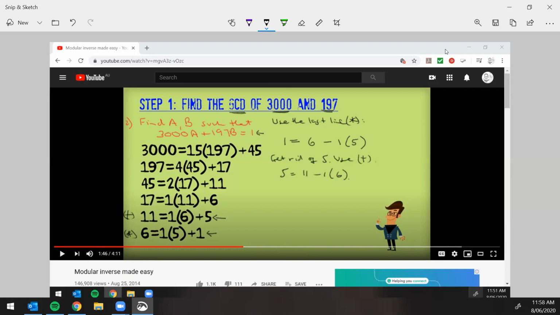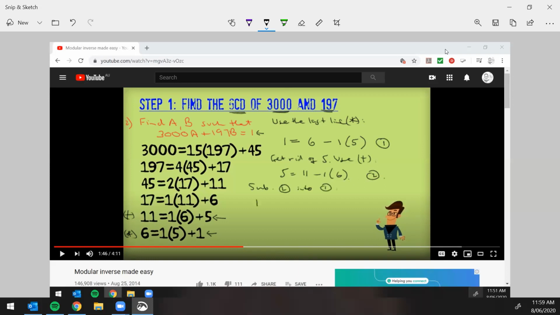Let's write up what we need to do here. I'll call this equation 1, and I'll call this equation 2. So substitute 2 into 1. What do I get?